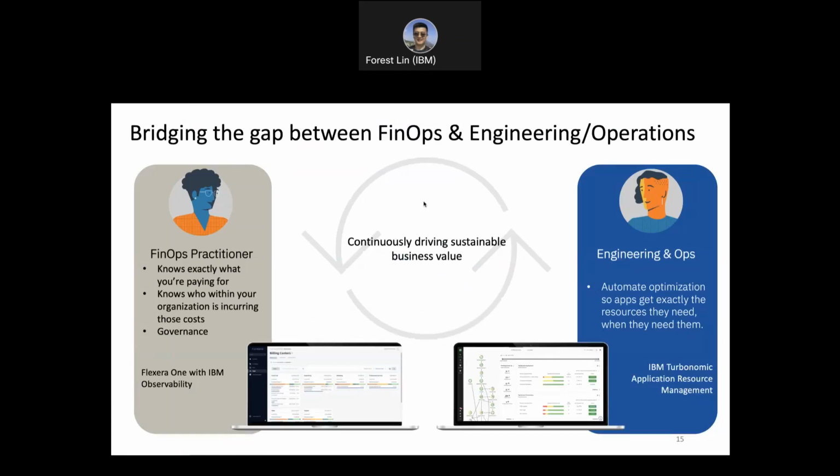On the left side, the FinOps practitioner needs to know exactly what you're paying for and who within your organization is incurring these costs, with governance on demand and in real time. This is really what Flexera does from the business perspective. From the IBM side, IBM Turbonomic automates the optimization so apps get exactly the resources they need when they need them.